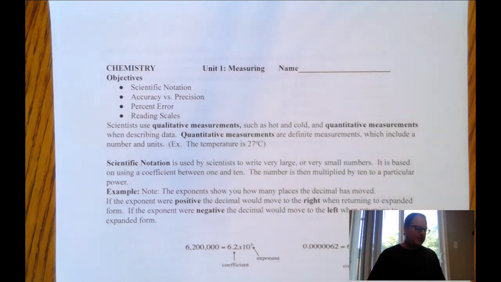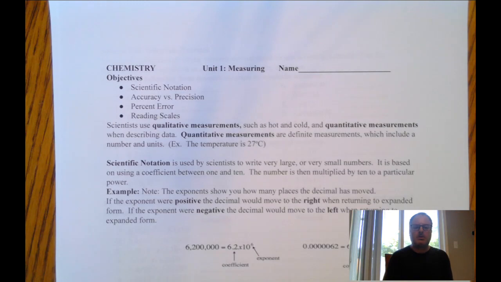So scientific notation is a way for scientists to notate very, very large or very, very small numbers. If we have something like the size of the coronavirus, that's going to be a very, very small number. If we were to measure that in millimeters or centimeters or meters, we're going to need a lot of zeros because it's going to be a very, very small decimal.